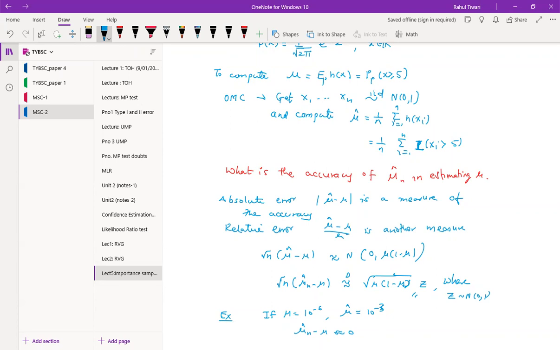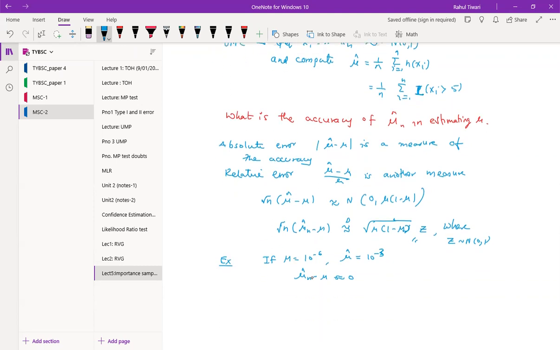If you observe, the absolute error has this problem, but just think of the relative measure, the relative error here. What should this be? mu hat minus mu upon mu. What would it be? Just check. The answer is 999, exactly.